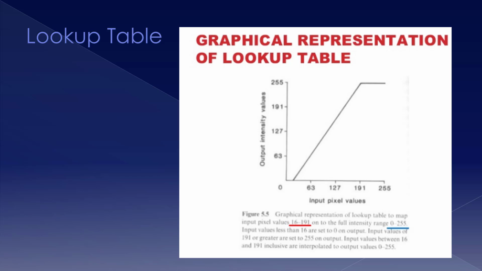Input values of 191 or greater are set to 255, and input values between 16 and 191 are interpolated to the values from 0 to 255. And this is the resulting graph of the output intensity values.